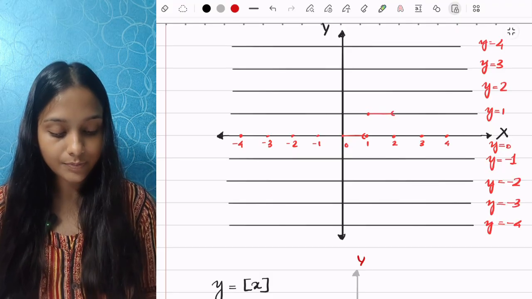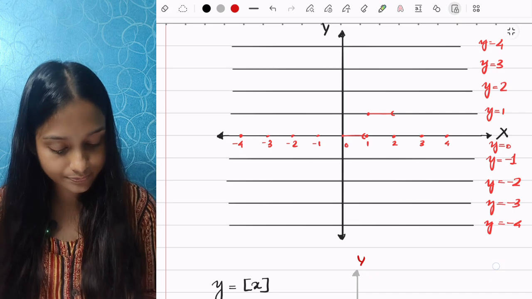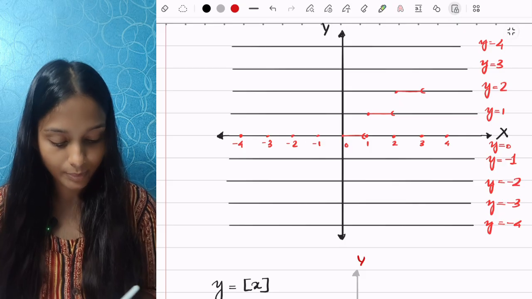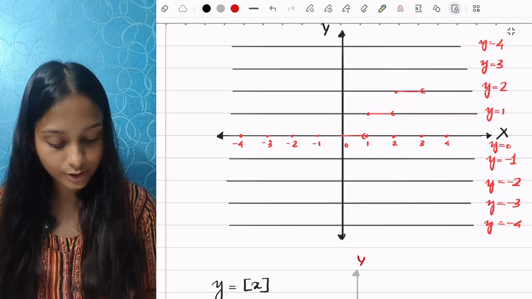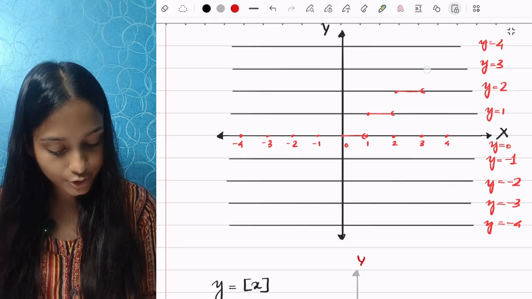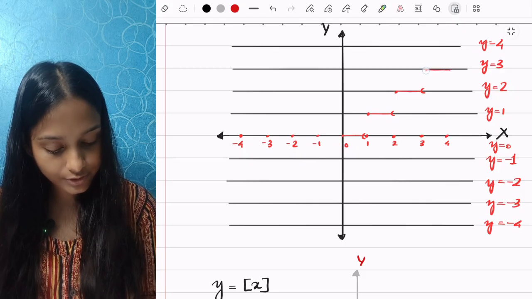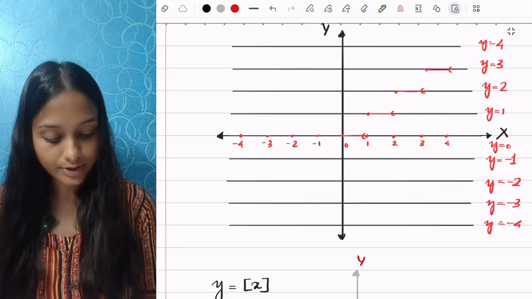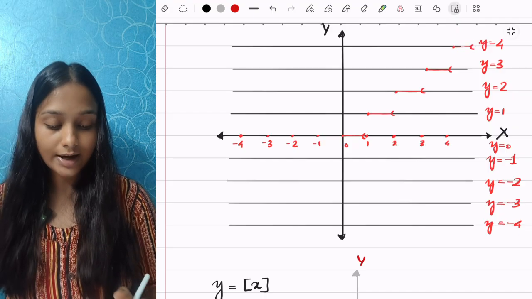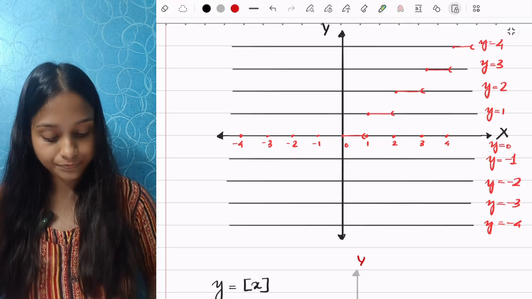In a similar manner, y equals 2 occurs for 2 to 3, where 2 is closed and 3 is open. In a similar manner, we can do the others. So 3 occurs between 3 to 4, where 3 is closed, 4 is open, and similarly for this, this is closed, this is open. So we are getting a step-like structure.